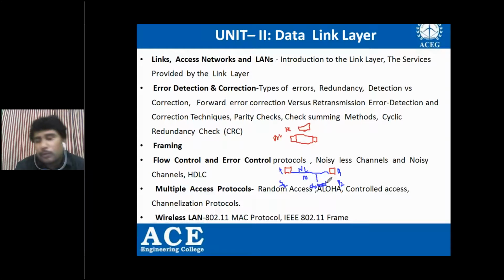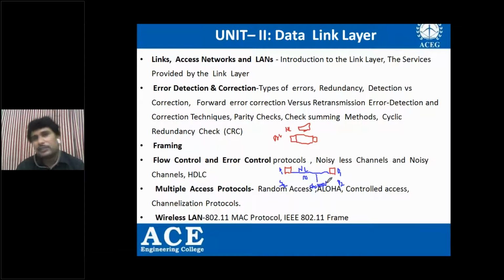So when more than one device is trying to access the same channel, how the channel will be shared among them is referred to as multiple access protocols. Here we have different types of multiple access protocols like random access, then controlled access, then channelization protocols.